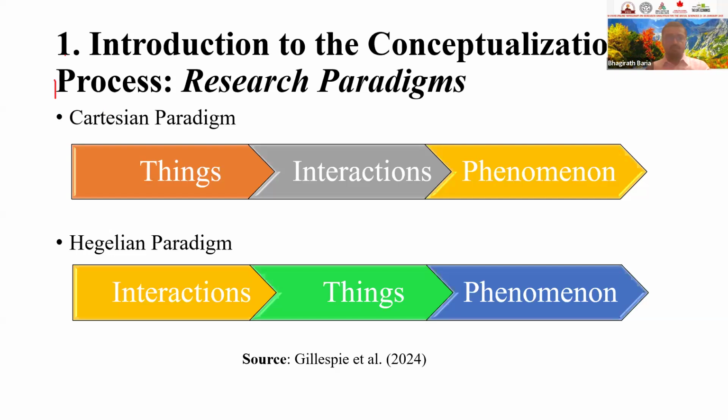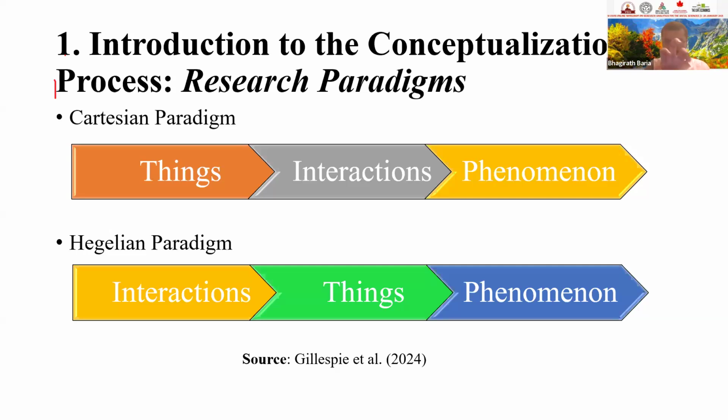So if you start with things, find out their interactions, and then you analyze your phenomena, you have a Cartesian paradigm. But there is a reverse paradigm, a Hegelian paradigm, and this paradigm says that everything starts with interactions. If you go in a satellite, a helicopter or a spaceship, we don't have spaceships, we have the International Space Station, if you go around 1 or 1.5 or 2 kilometers above the surface and look, they are not things per se, they are interactions, movements, relationships between people, between firms, between banks, between whatever you can think of.